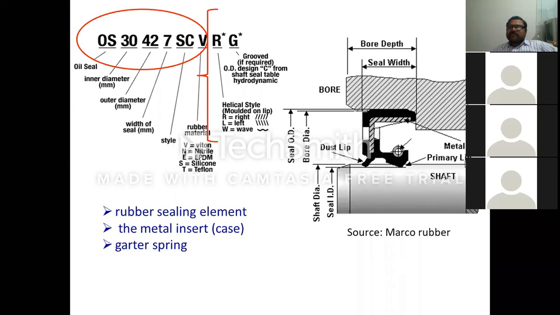Style means whether the lip is towards the right or towards the left. And I have shown here only the R and G. Sometimes it is not necessary to designate by using R and G. Sometimes in some cases, these R and G features are required. So this is the designation of the oil seal.